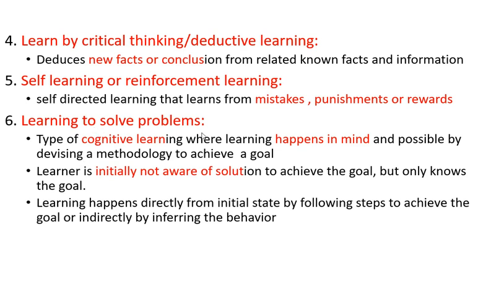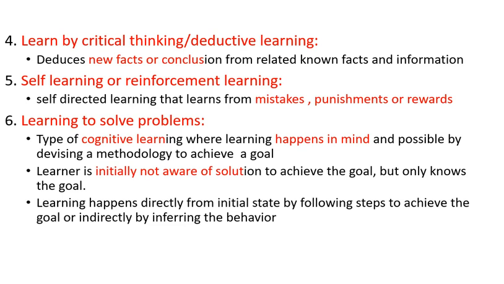The sixth one is learning to solve problems. This is a type of cognitive learning where the learning happens in the mind, possibly by devising a methodology to achieve a goal. The learner here is initially not aware of solutions to achieve the goal, but only knows the goal.